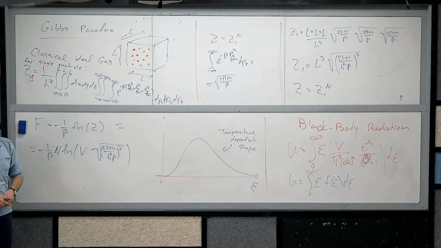We look on this, and then we ask ourselves, what's the problem with this expression? Is there a problem with this expression? So by looking on this expression, Gibbs basically said, aha, I have a paradox. So what is wrong here? What do you think is wrong? Yes? It's not extensive.